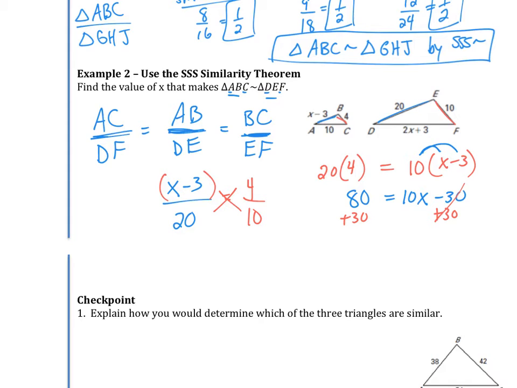Solving for x, we add 30, and we get 110 equals 10x. Then we divide by 10 to get x equals 11. So if x equals 11, that would make the triangles similar. And again, we did that by setting up a proportion.